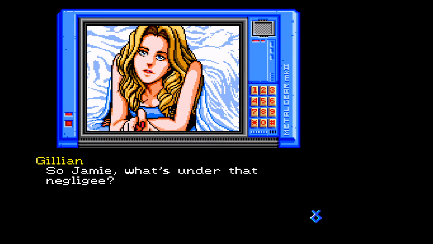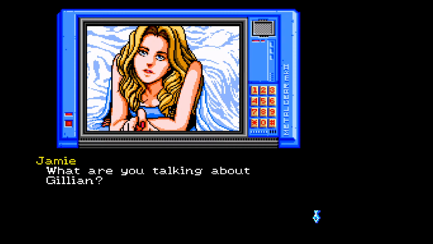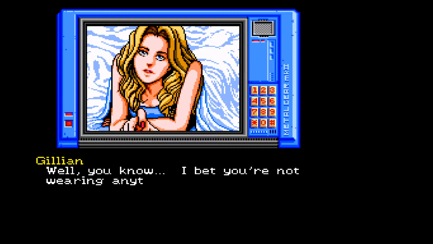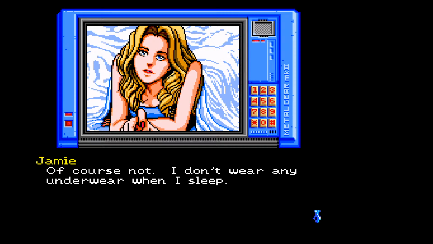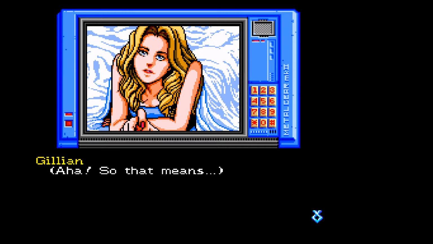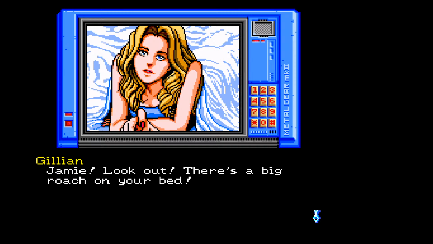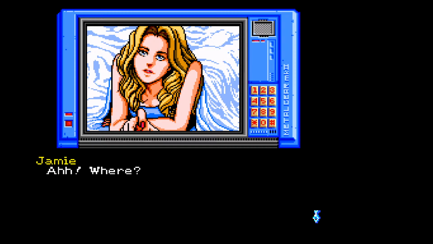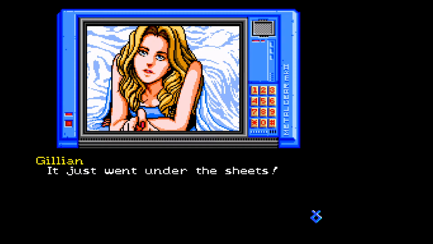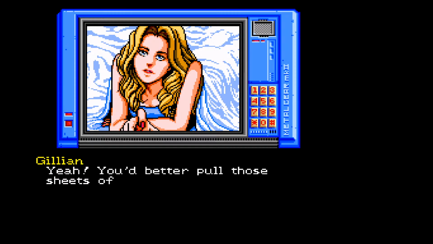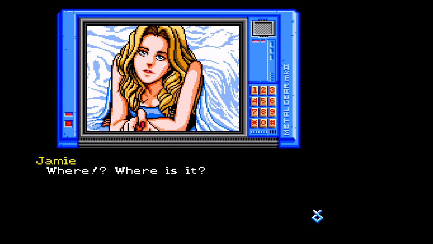So, Jamie, what's under that negligee? What are you talking about, Gillian? Well, you know. I bet you're not wearing anything. Of course not. I don't wear any underwear when I sleep. Aha! So that means... Jamie, look out! There's a big roach on your bed. Where? It just went under the sheets. Really? Yeah, you'd better pull those sheets off quickly or... Where?